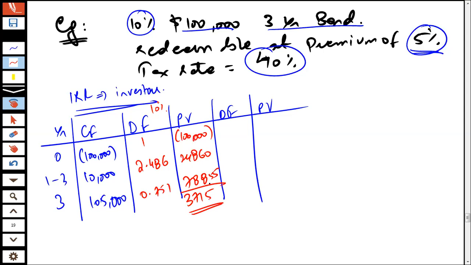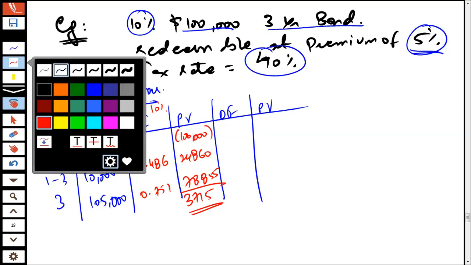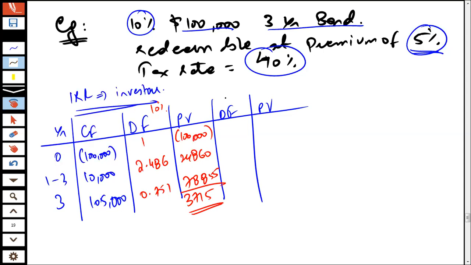You do know that when we calculate the IRR, the objective is to have one positive and one negative NPV. So I am going to use 15% as another rate.